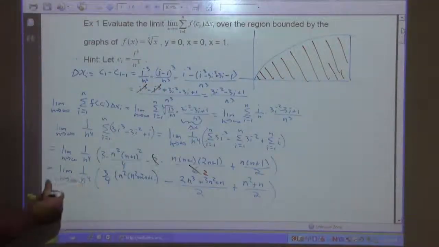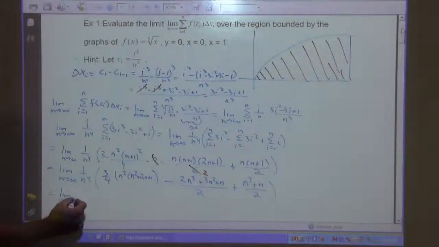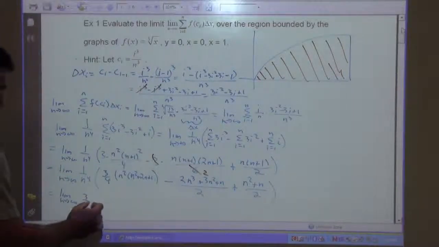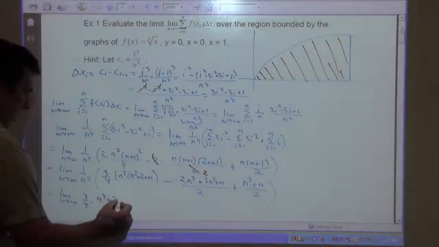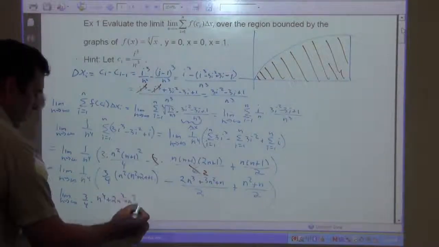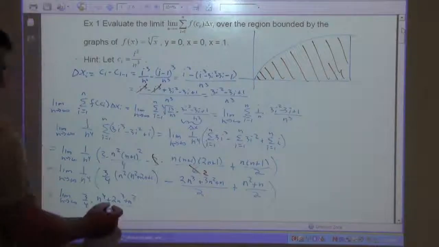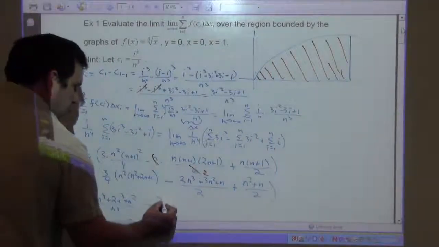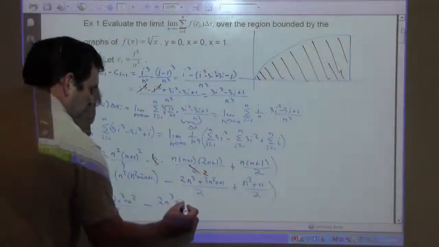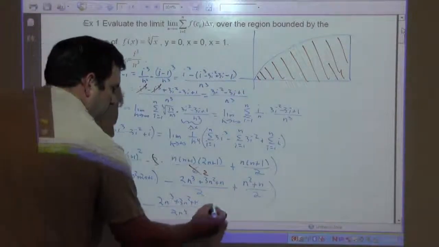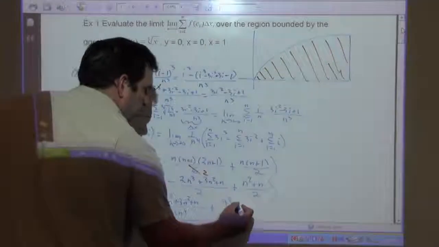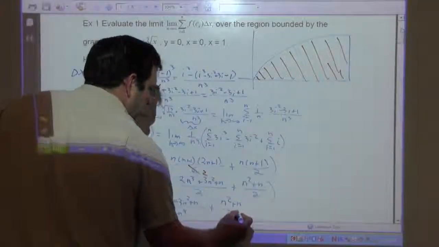Now if I bring in this 1 over n to the 4th, we end up with the limit as n goes to infinity of what? 3/4 times, multiplying this through, that's n to the 4th plus 2n cubed plus n squared over n to the 4th, minus 2n cubed plus 3n squared plus n over 2n to the 4th, plus n squared plus n over 2n to the 4th.